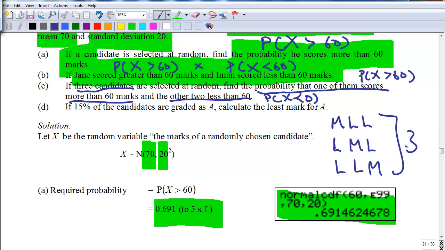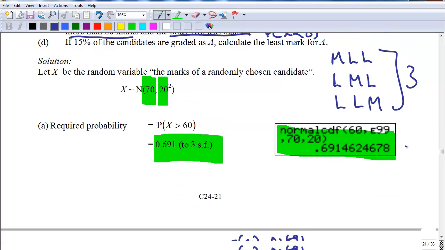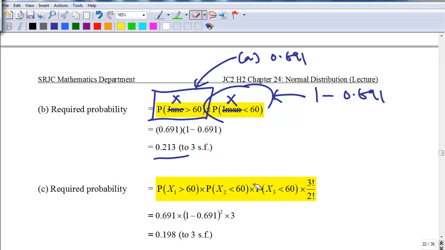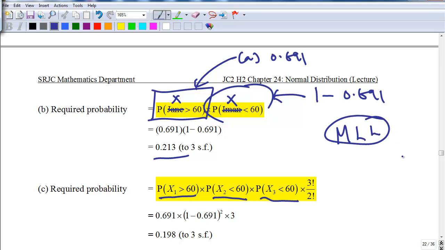So to find this probability, all I need to do is to say that the probability required is probability the first one more than 60, second one less than 60, last one less than 60, then times 3. Or another way to look at it is you have more than 60, less than 60, less than 60. How many ways to rearrange 3 items and 2 of them the same? 3 factorial divided by 2 factorial.